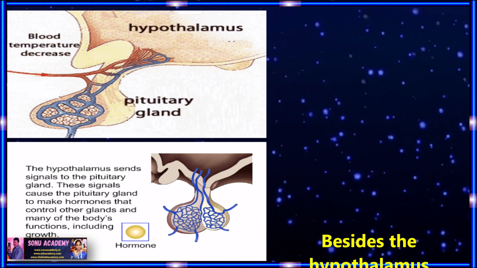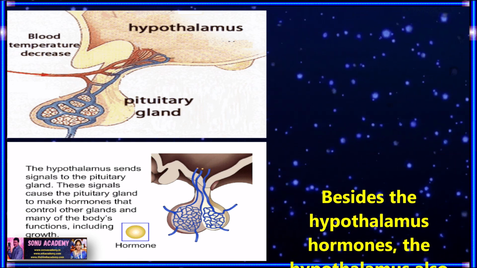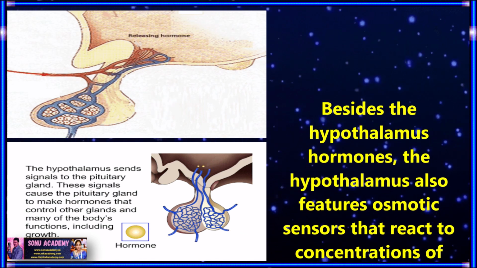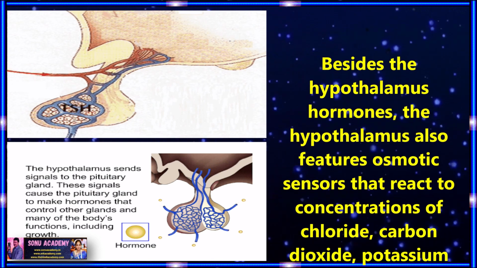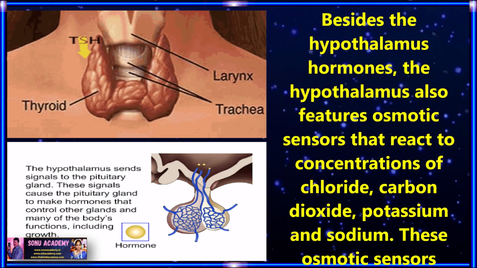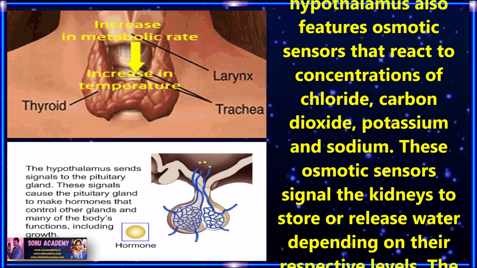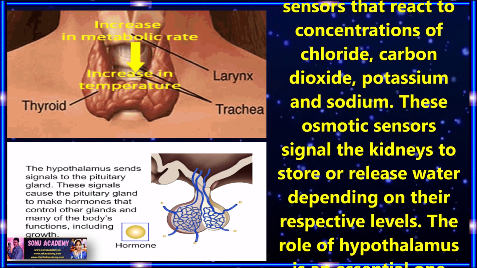Besides the hypothalamus hormones, the hypothalamus also features osmotic sensors that react to concentrations of chloride, carbon dioxide, potassium, and sodium. These osmotic sensors signal the kidneys to store or release water depending on their respective levels.